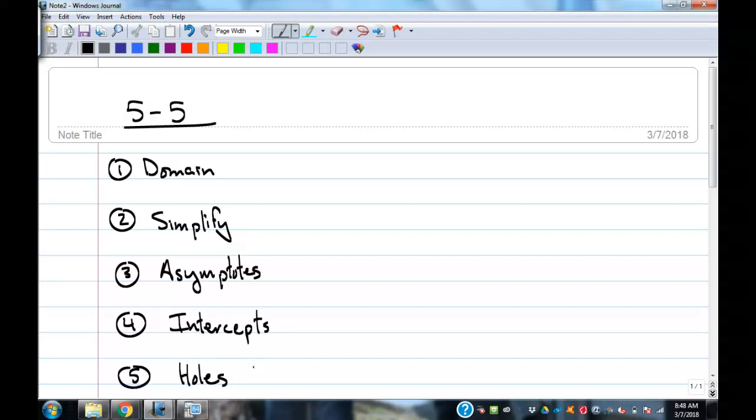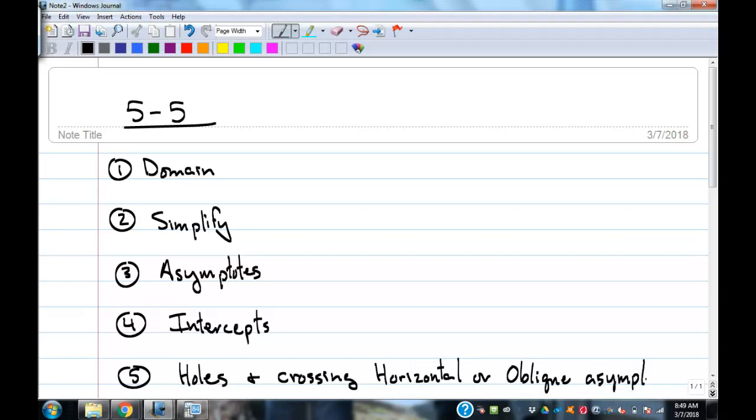And then we're going to look for things called holes and crossing horizontal or oblique asymptotes. Okay. So that's what section 5 adds, are those two.